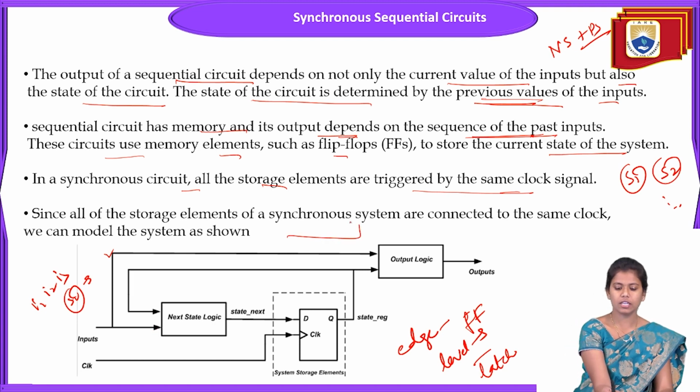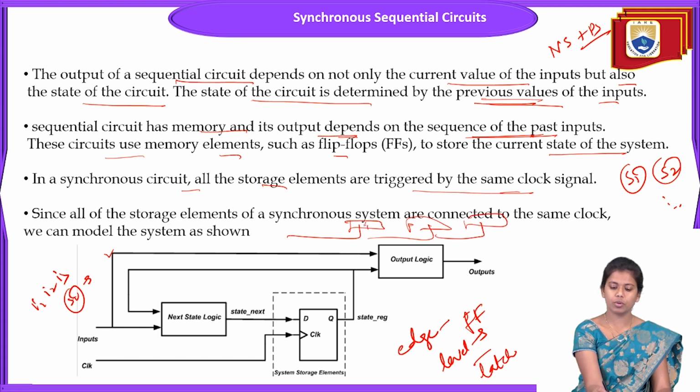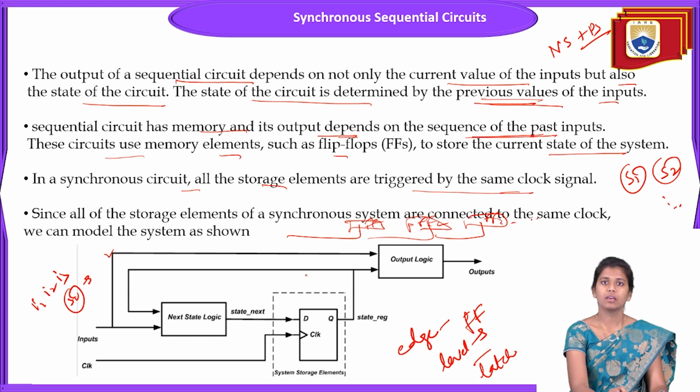The same clock signal is given to each and every storage device, that is flip-flop 1, flip-flop 2 and flip-flop 3. However many storage elements you are considering, each and every storage element is given the same clock signal.